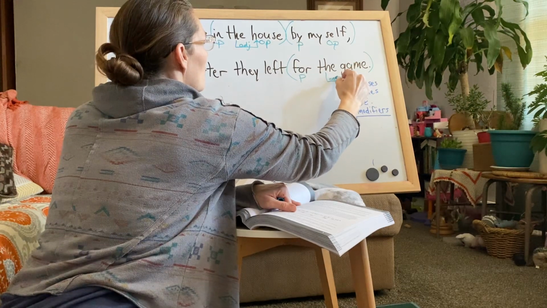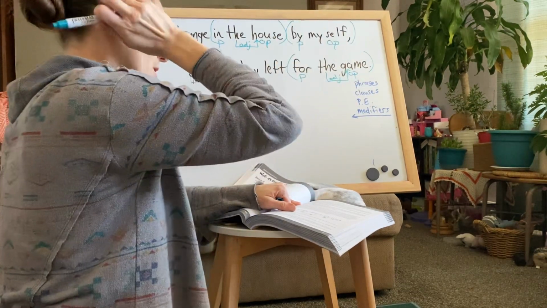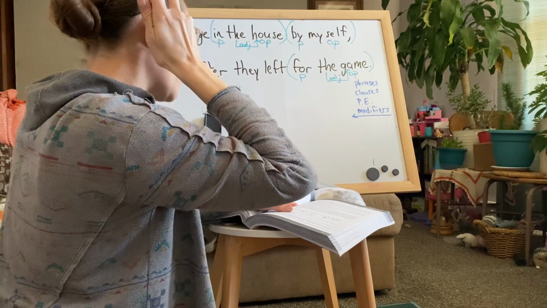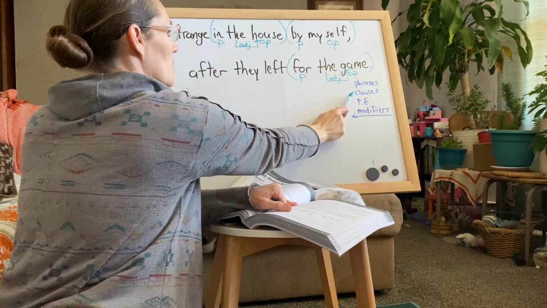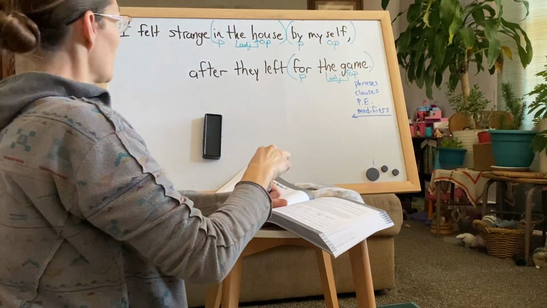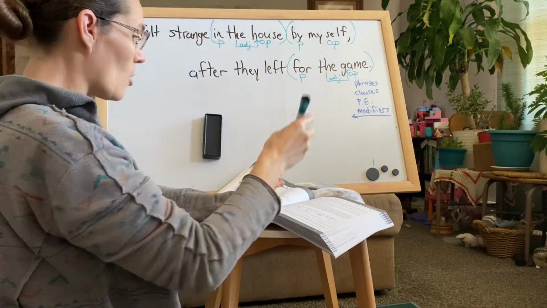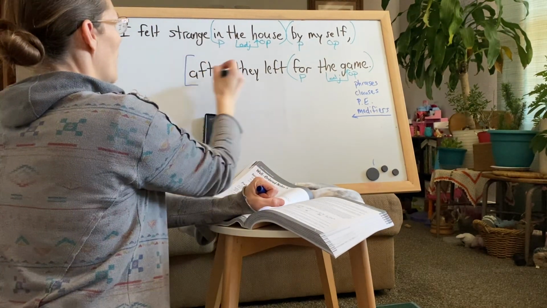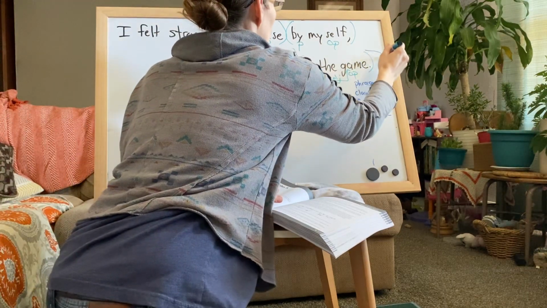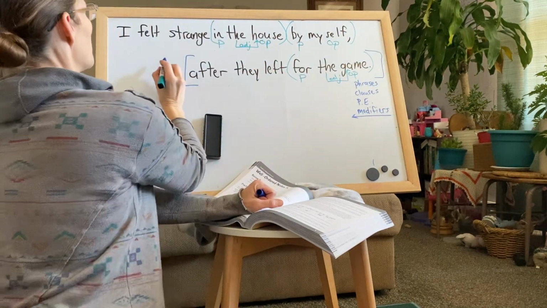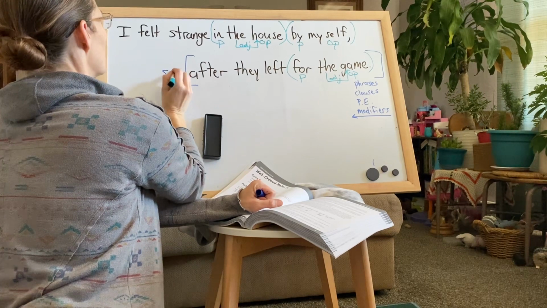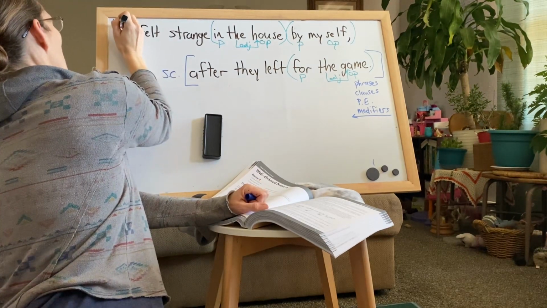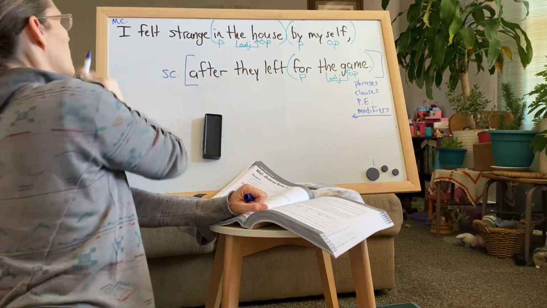The is our adjective. Are there any subordinate clauses? Yes, remember we had that ding, ding, ding go off in our head? After they left for the game. This is our subordinate clause, and this means this is our principal clause, or our main clause, okay?